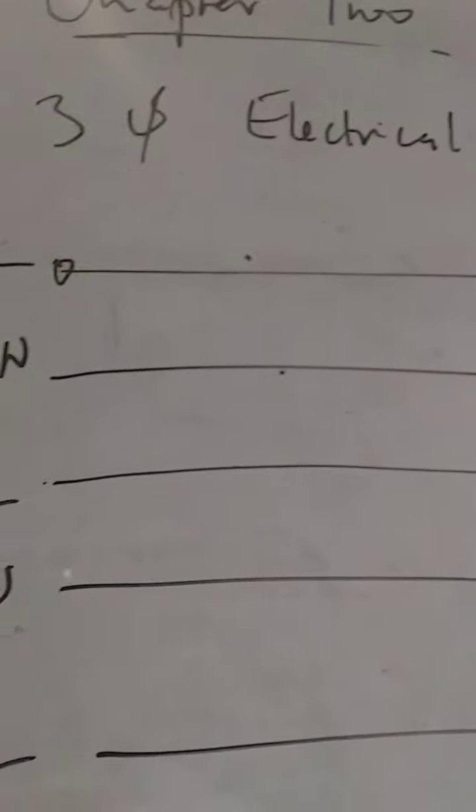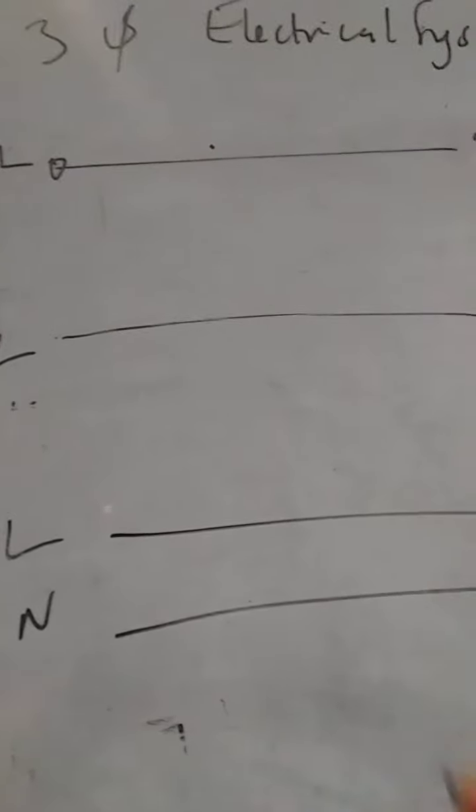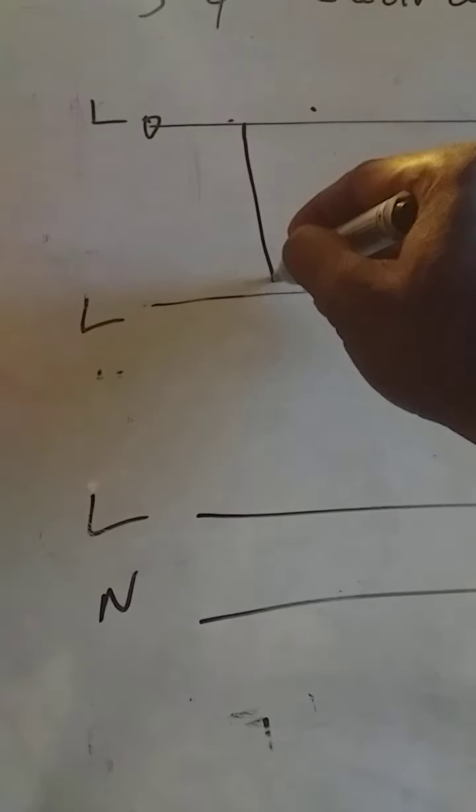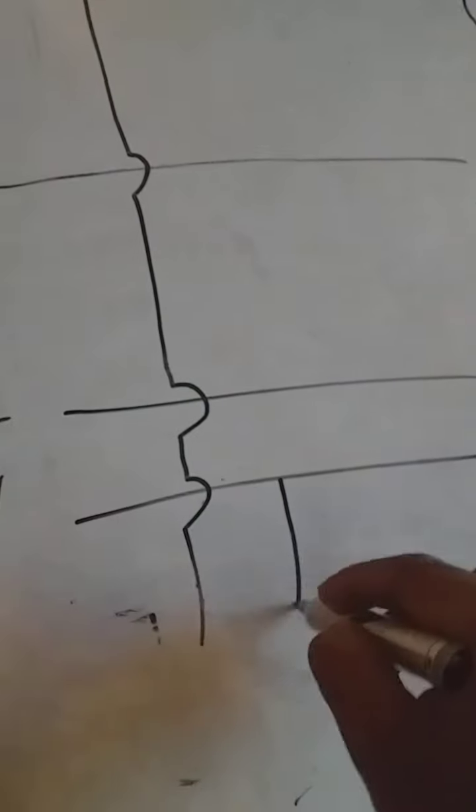So in this instance, instead of having three different neutrals, you can have only one neutral, as you have here, in which case you can connect a supply to one line and one neutral.